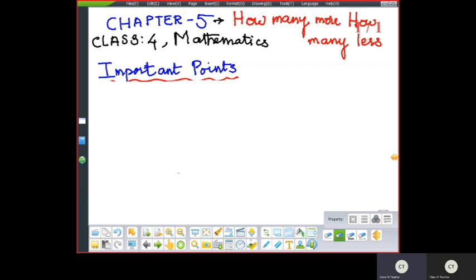Addition is nothing but sum of the numbers. What is addition, children? Sum of the numbers. So let me explain you with the order property. Okay, children? So, order property.